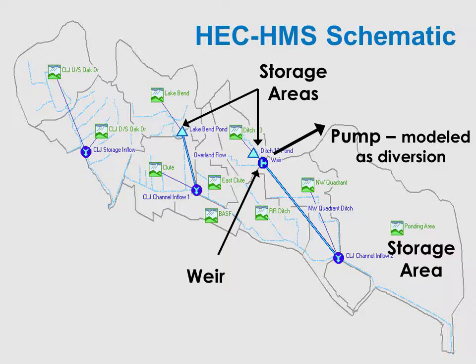It was developed from scratch and just intended to generate hydrographs to be used within HEC-RAS unsteady flow. There are some pumps and weirs, so you can simulate weirs as diversions within the model. In this case, the pumps were also modeled as a diversion. Storage areas and some reservoir routing were done within this model, even though HEC-RAS unsteady flow was used for the main channel and pump stations.